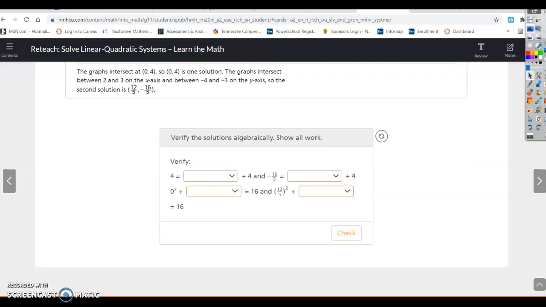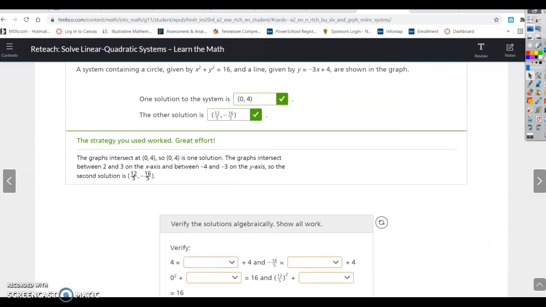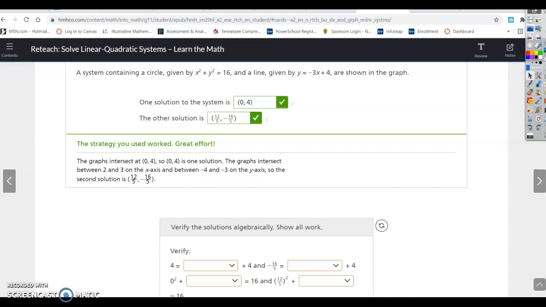Okay, so now we're going to verify our solutions. Let's see what our equations are again. All right, let's start with the linear equation this time, and we're going to check 0, 4.